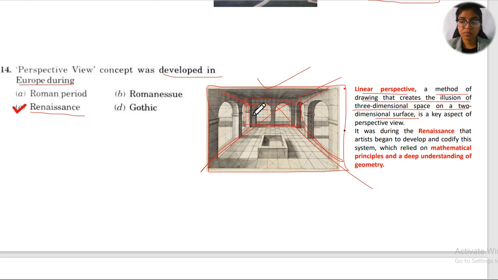So this is your perspective view, and it was developed during the Renaissance, when artists began to develop and codify the system, which relied on mathematical principles and a deep understanding of geometry. So this design was based on mathematical principles and calculations of that time, and the use of basic geometry to create a 3D view on a 2D surface is known as the perspective view concept.